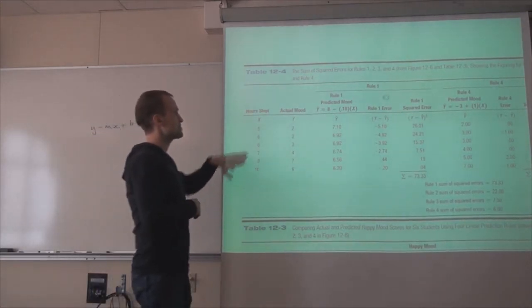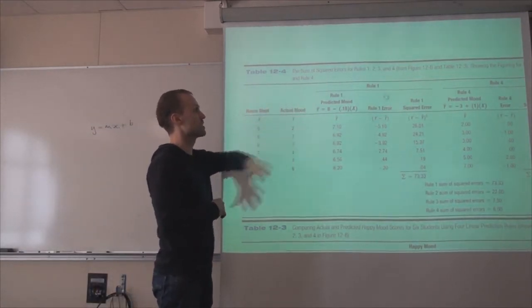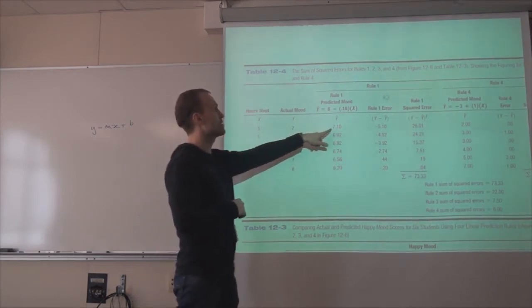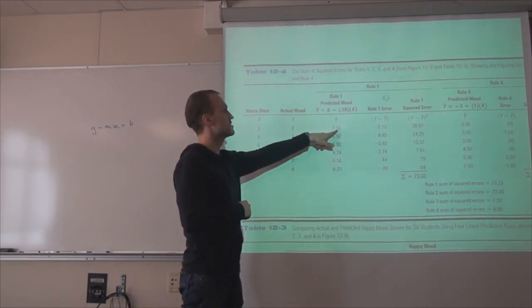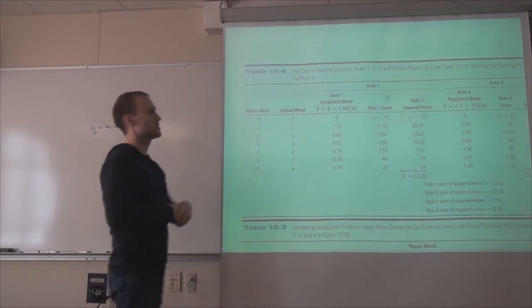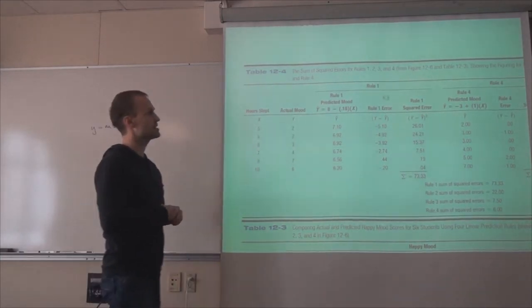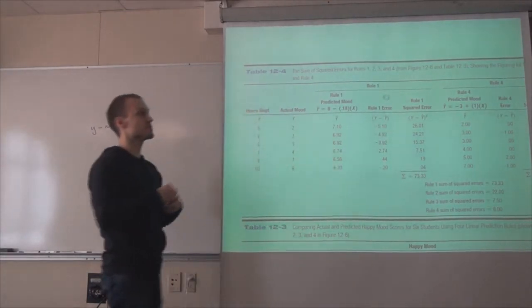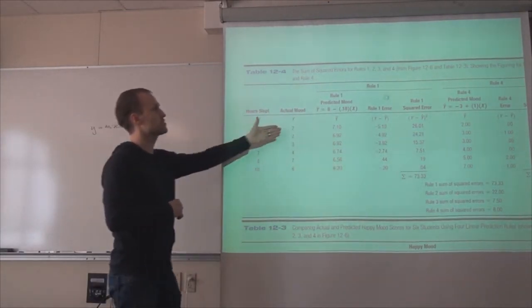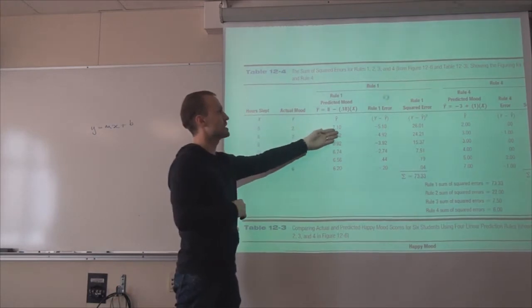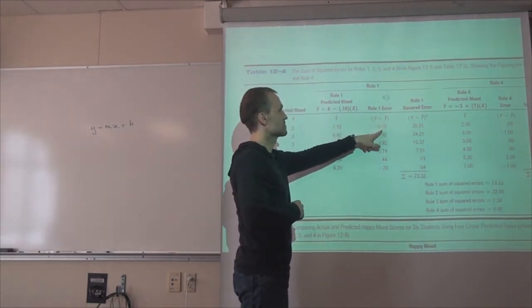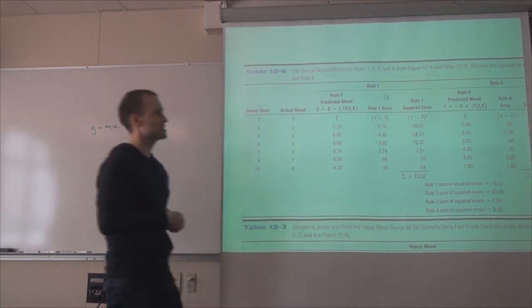So if I look at rule 1 only, one at a time, I can compare the prediction values to the actual Y values that I got, and I can look at the deviation, the difference between them. Take the actual value and subtract the prediction value, Y minus Y hat, and I get the differences.